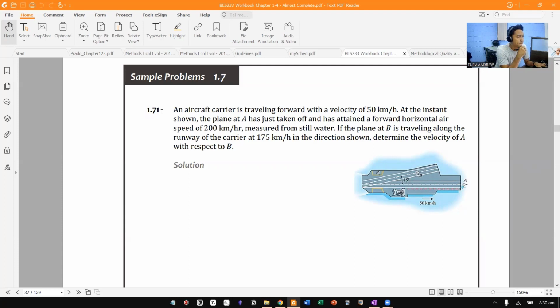Now, next, if the plane at B is traveling along the runway of the carrier at 175 km per hour in the direction shown, with no additional detail, it means that 175 km per hour is relative to the carrier, meaning that is the relative velocity of B with respect to C, that is VB/C, not just VB.